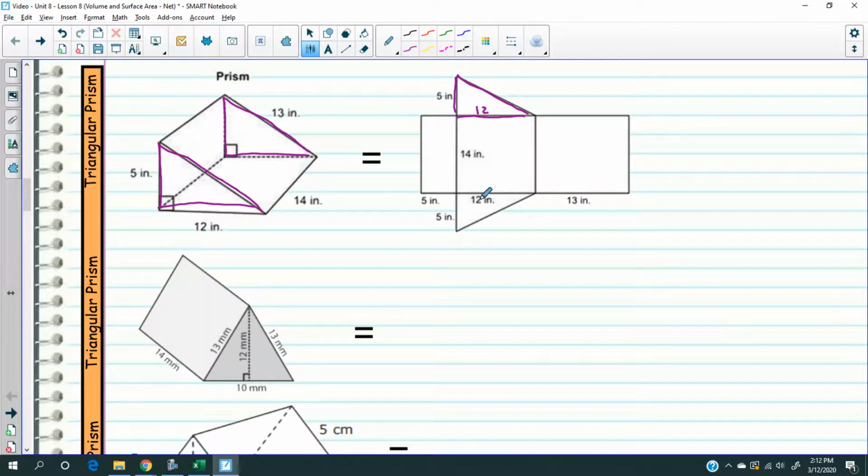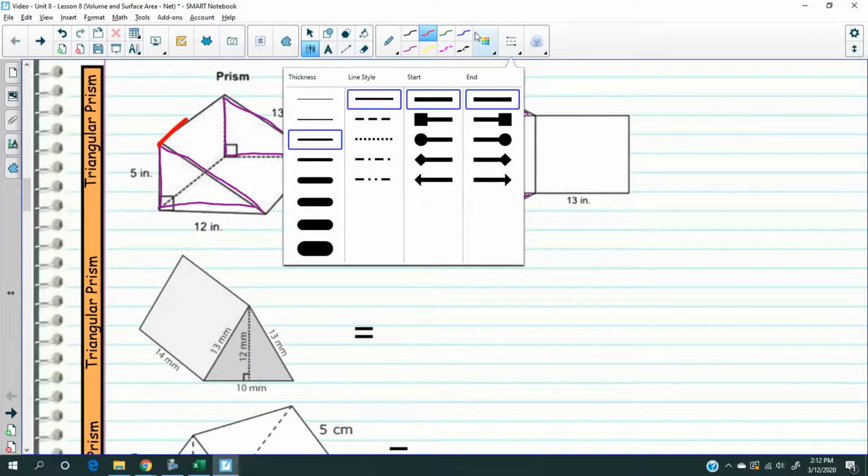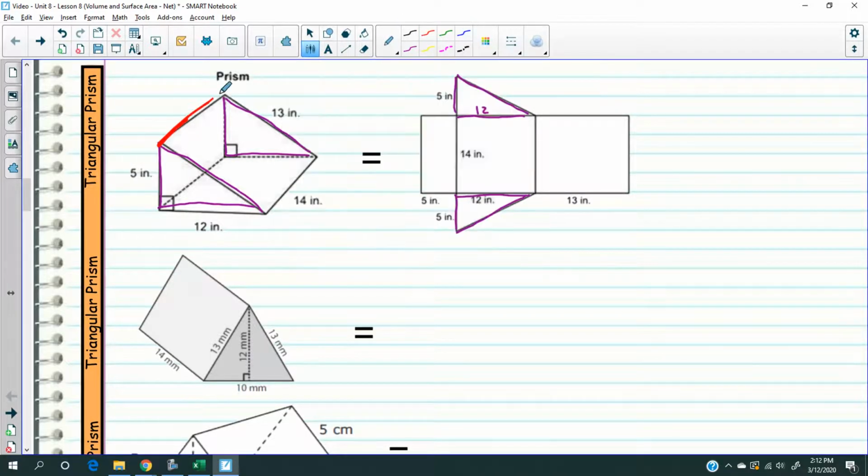That's also 5 by 12, right? So the purples are your triangles. And then what you see is, you see this little side here, off on the side? That's this one in the back, okay?